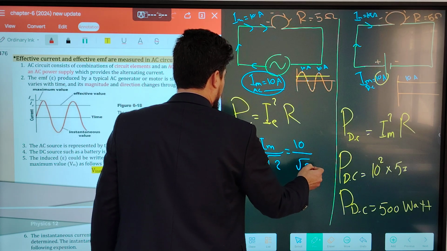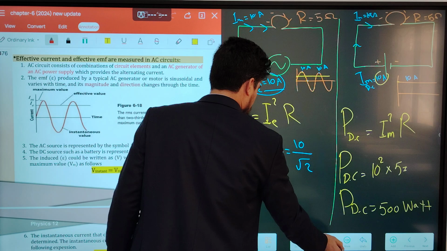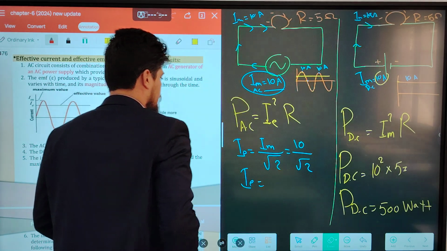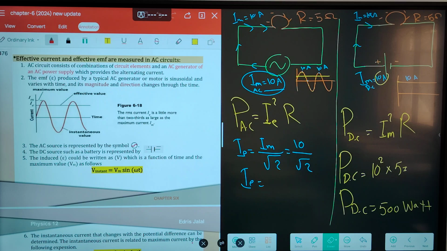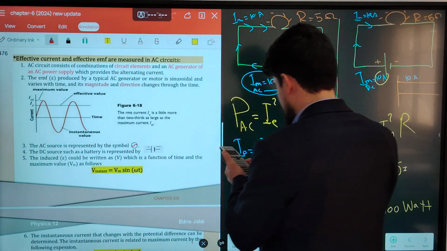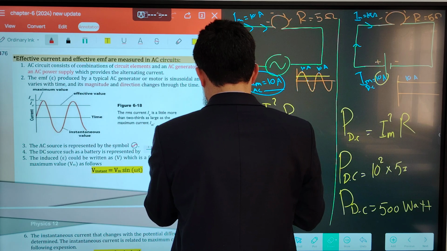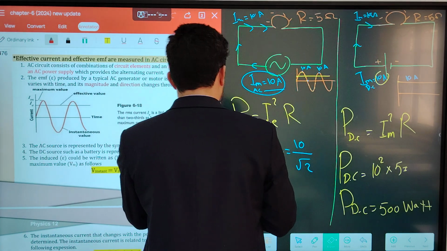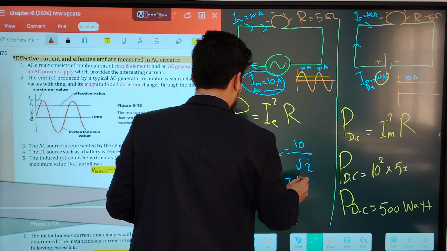10 divided by radical 2, I effective is equal to, let me calculate. Guys, 10 divided by radical 2, 7.07 ampere.